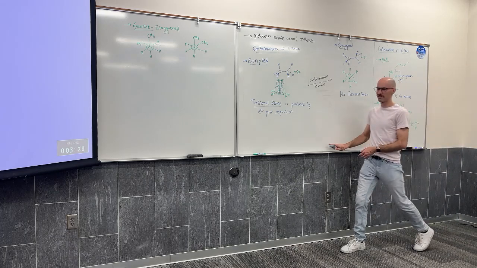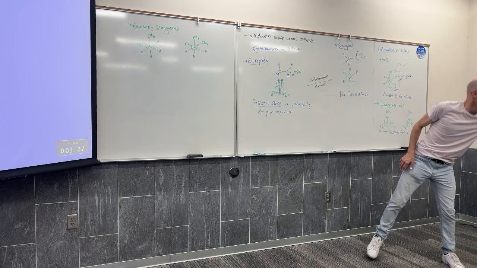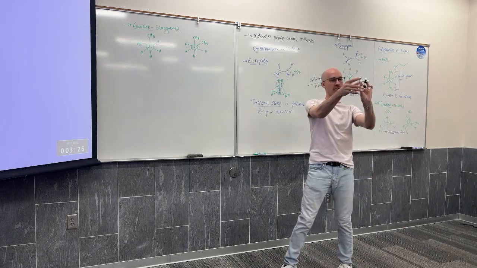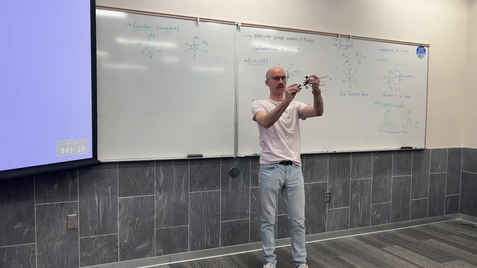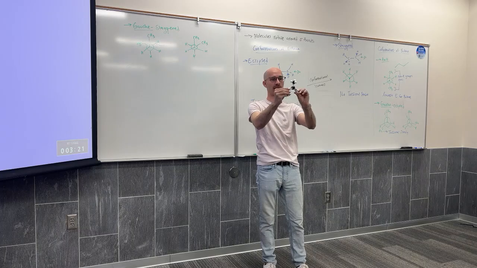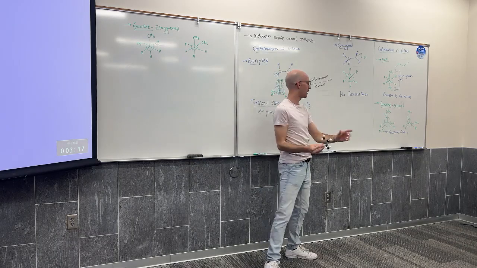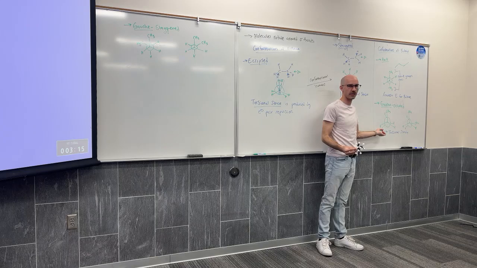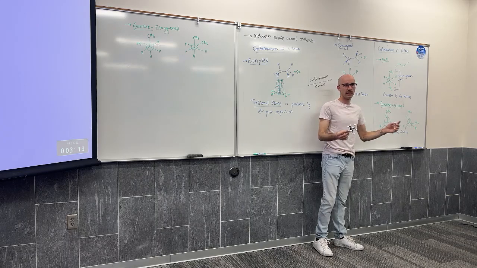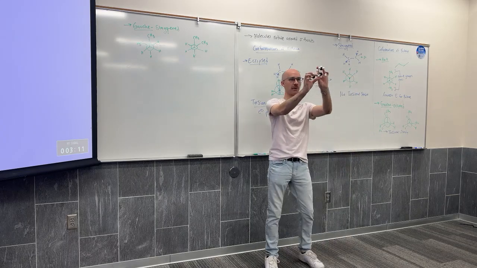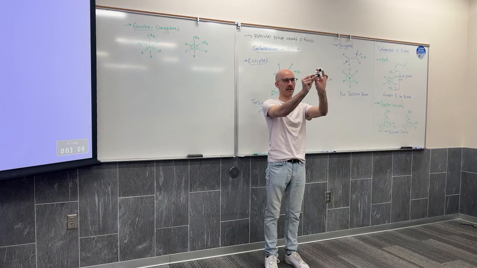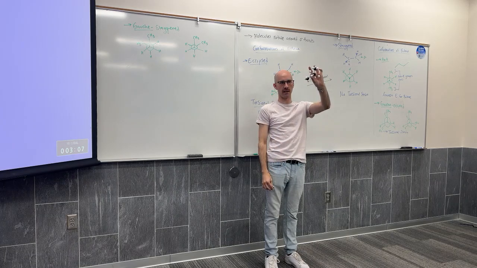Remember, we're limited. I can't actually show it eclipsed. I really can't. If I drew it truly eclipsed, I wouldn't be able to show the CH3. So this is one of those instances where I'm offsetting a little bit this way or a little bit this way.